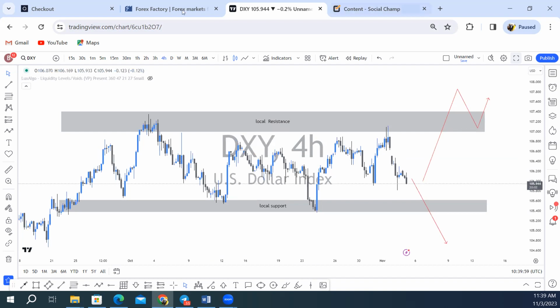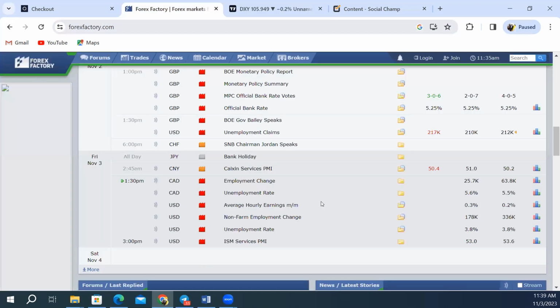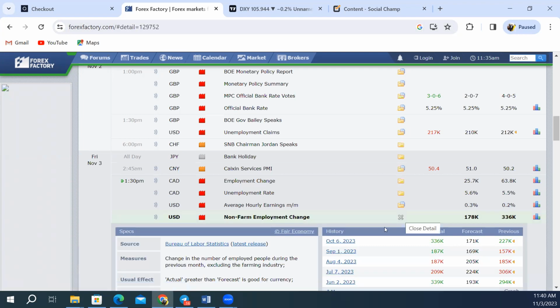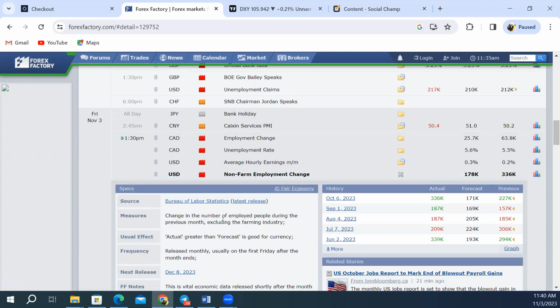So let's go back to our news and see what we should do. Immediately you look at the non-farm payroll, it is very important to understand what it is. The non-farm payroll is the change in the number of employed people during the previous month, excluding those in the farming industry. So it measures a certain degree of the US economy by looking at the number of people that have been employed within the previous month, excluding the farming industry.